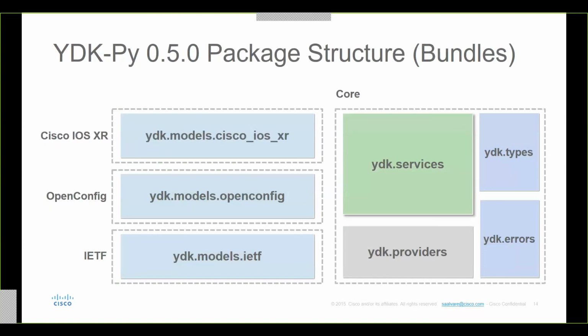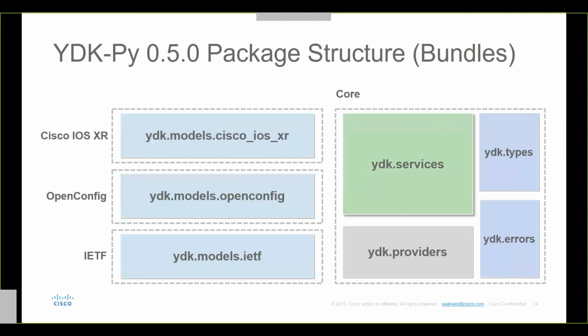Okay. When we look at the packaging, I said we generate APIs today in Python and C++, and this is the detail of the packaging for Python. It's similar packaging to what we're also using for C++. When we made YDK public almost a year ago, 11 months ago, we had everything in a single Python package, and we quickly realized that we needed to make it more modular.